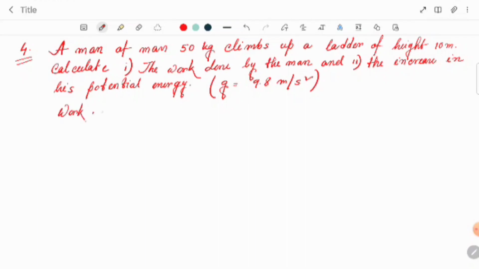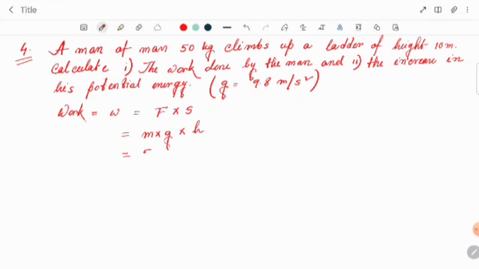So the work we can say as W equal to, we know, force into the displacement. Here force means mass into acceleration due to gravity, and s is the distance, so the height.